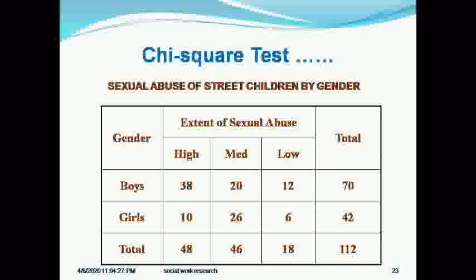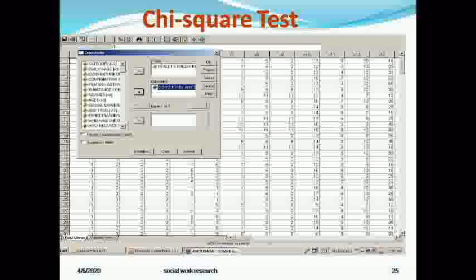Now we are going to use SPSS to calculate the chi-square value. In this slide you will find SPSS. First of all, we have to decide the two variables.